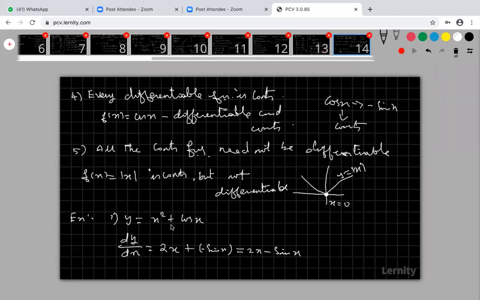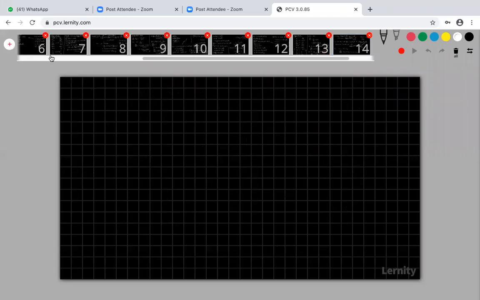What is the product rule? So this is x square plus cos x. What is the differentiation for this is 2x plus cos x differentiation is minus sin x. This is 2x minus sin x. Suppose x square into cos x. Then what happened? My f of x is x square into cos x. This is my y. What is my dy by dx? Take it this as u, this as v. Apply product rule.